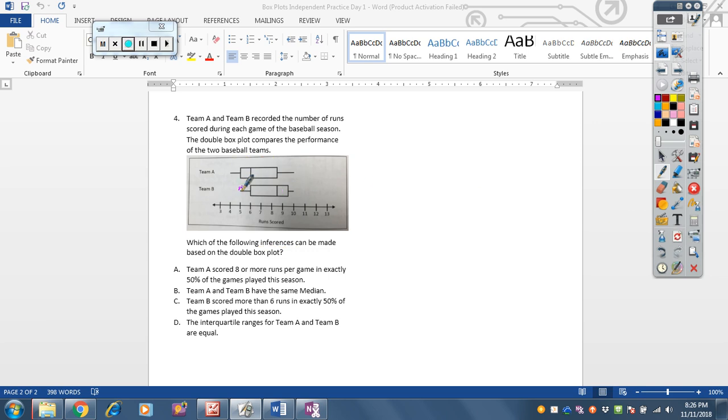Remember, this is 25, 25, 25, and 25. Right here is 6. So exactly 50% is above 6.